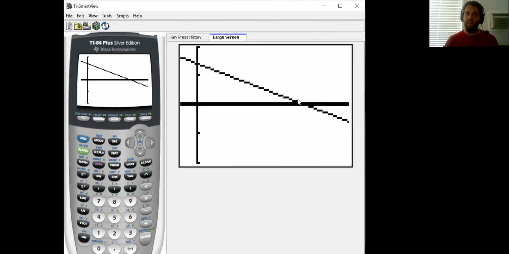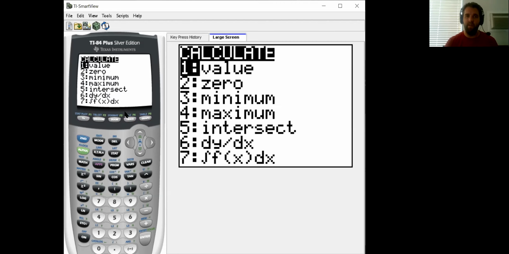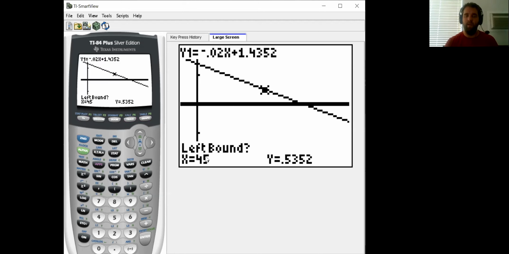Well, if you want to solve that using your graphing calculator, you can go second trace to get that calc function again. And we want to go for 0, that second option. Now it wants us to tell it what side of this line is to the left of that 0. So if we're going left from this 0, this point is to the left, so I'll hit enter.